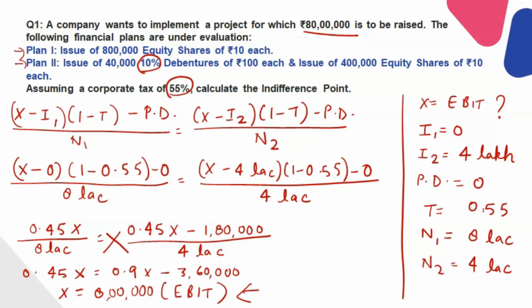So let's verify that. So this is how you can calculate the indifference point. Now let's do one more step. We can do verification here, verification meaning whether the EPS will be the same or not.